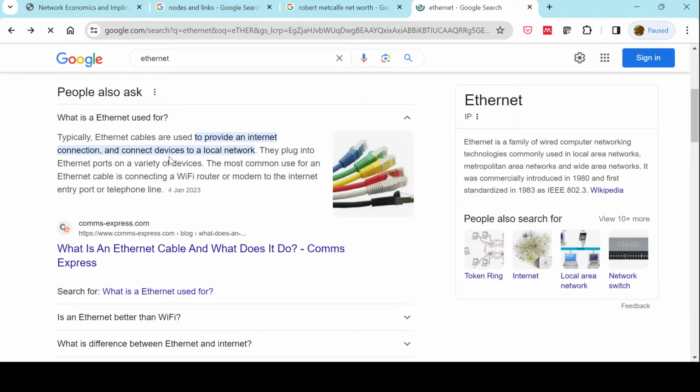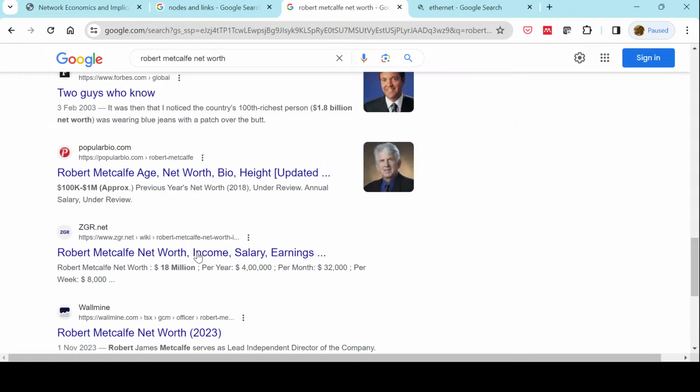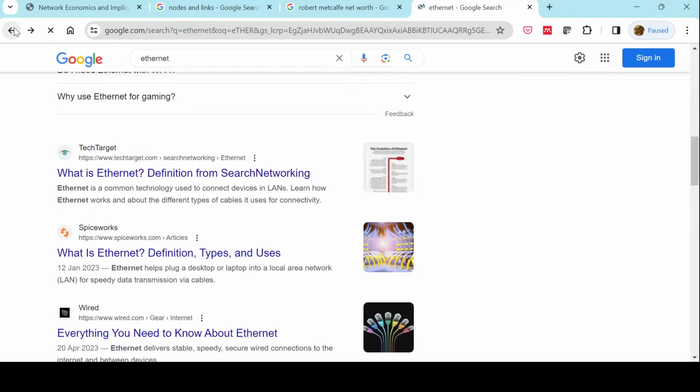So Metcalfe. Perhaps for the first time you come across the word Ethernet, but for me it's not. When I was a student, I saw it already.